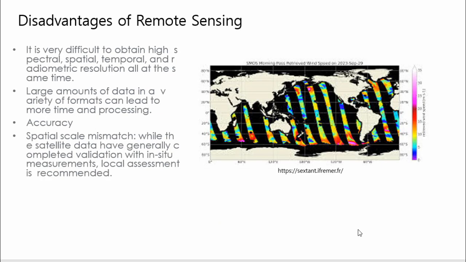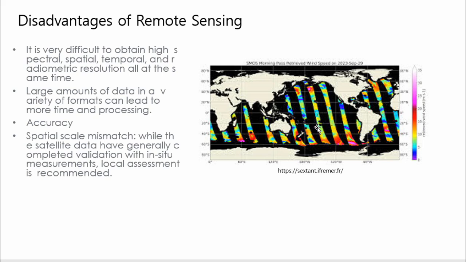However, at the same time, there are disadvantages of remote sensing. It is difficult to have high spectral, spatial, temporal, and radiometric resolutions all at the same time, which means their coverages are very different by sensor. If you look at this figure here, the black pixel means no data.